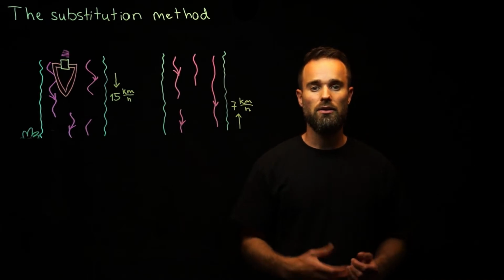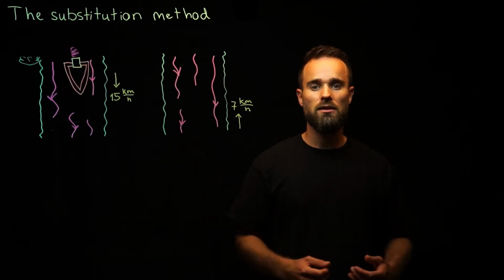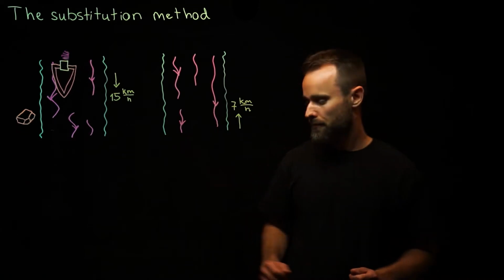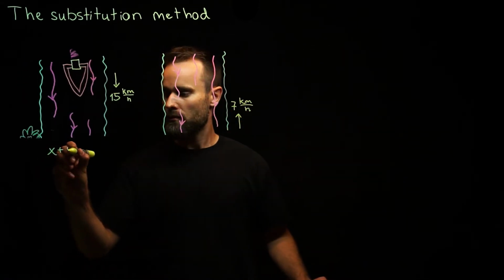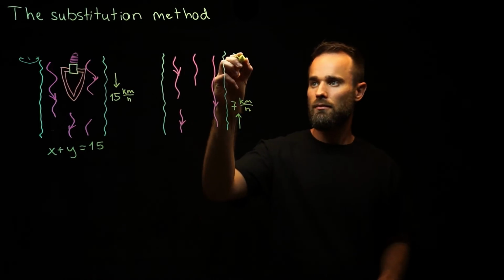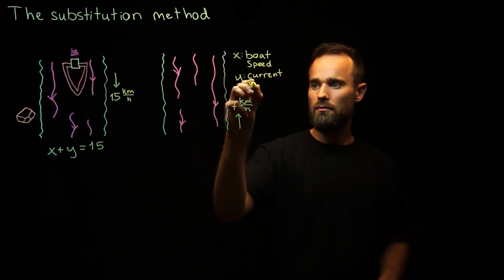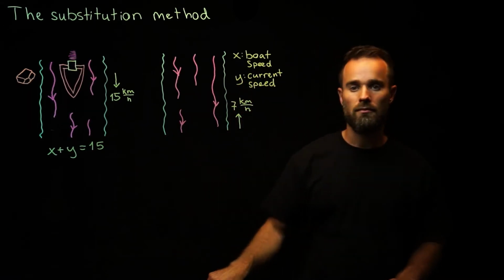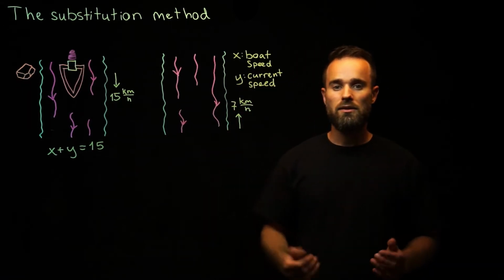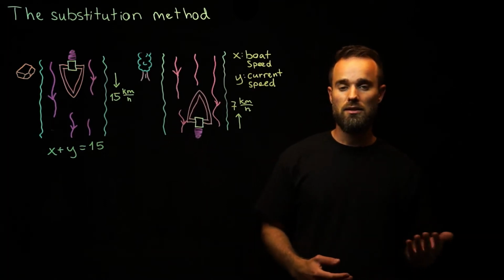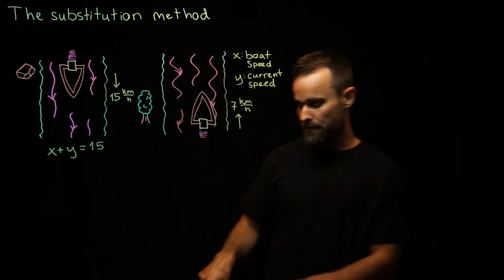Going with the current, the sum of the boat speed x and the current speed y equals 15 km per hour. Against the current, the difference between the boat speed and the current speed is 7 km per hour.